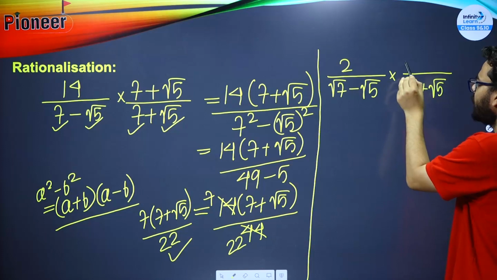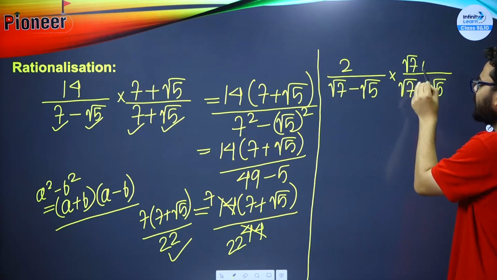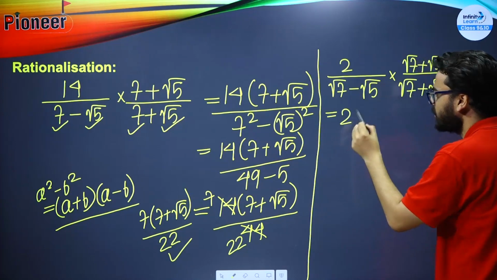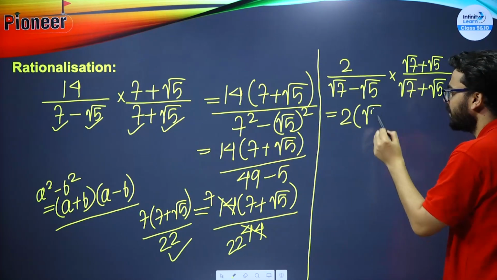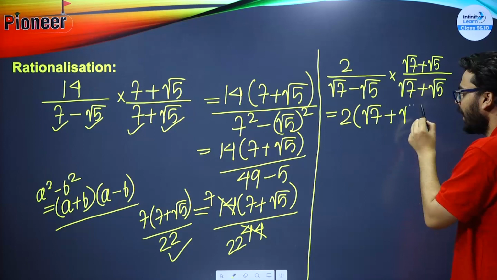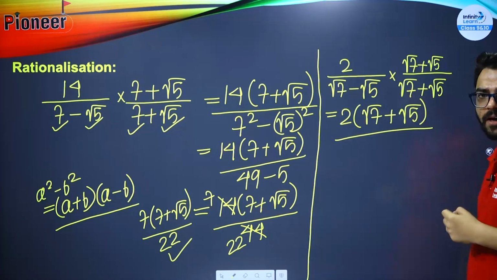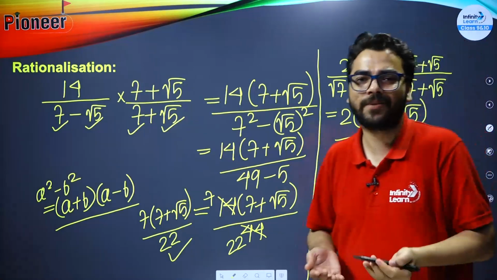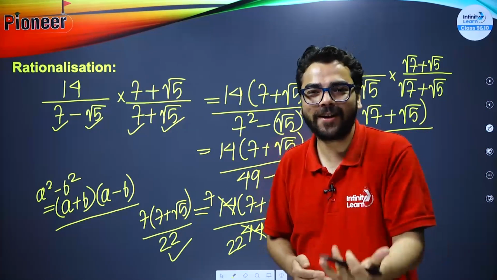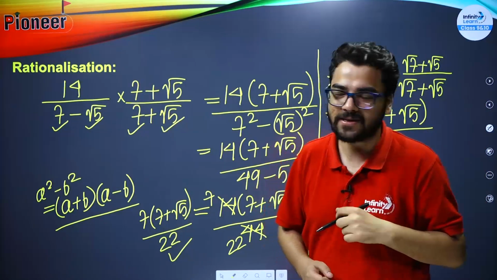So you have over here in the numerator as well, root 7 plus root 5. So you see in the numerator you are getting 2 into root 7 plus root 5, and in the denominator it is of the form a plus b, a minus b. It is not exactly equal to a plus b, a minus b.